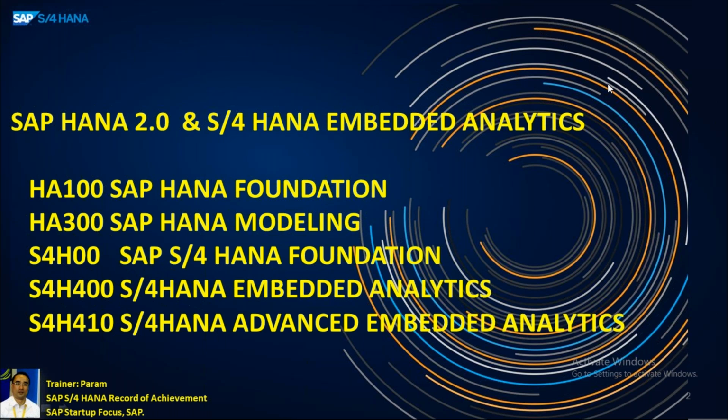We have prepared a separate document which provides the difference between HANA version 1 and HANA version 2 with regards to the technical changes and also the functional changes made by SAP.